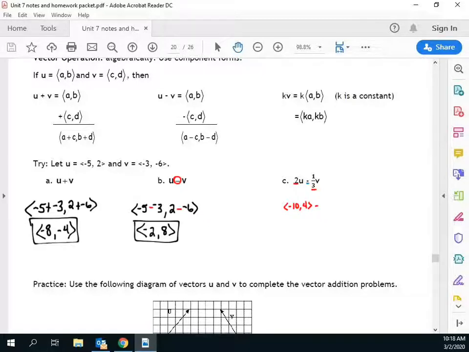And we're going to subtract that from 1/3 of v. And so you have negative 10, 4 minus negative 1, negative 2. And so we perform that calculation: negative 10 minus negative 1, comma, 4 minus negative 2.